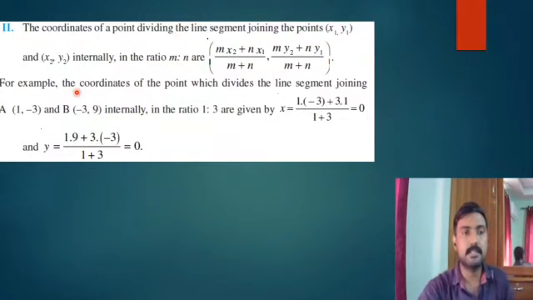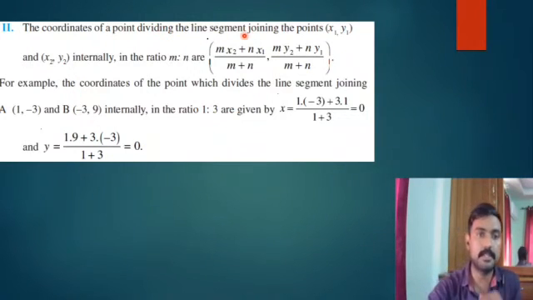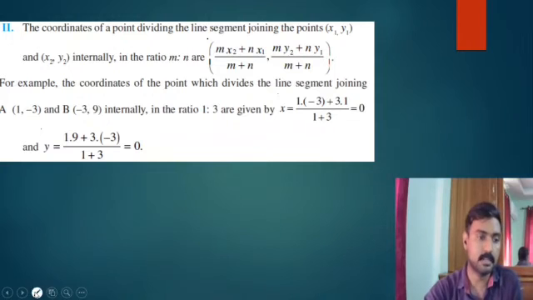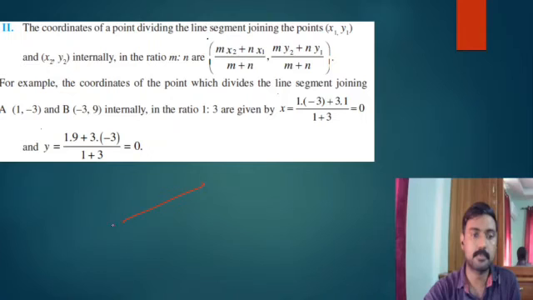Now we studied the section formula: the coordinates of a point dividing the line segment joining the points (x1, y1) and (x2, y2) internally. For understanding, we can draw the picture. Suppose this is the line AB. Then A is (x1, y1) and B is (x2, y2).